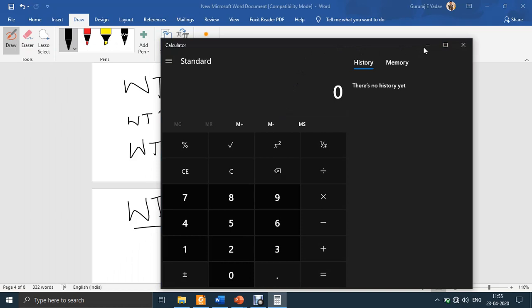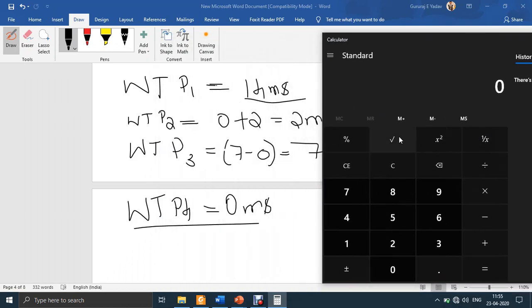The waiting time for P1 is 14 milliseconds, plus the waiting time for P2 is 2 milliseconds, plus the waiting time for P3 is 7 milliseconds, and the waiting time for P4 is 0 milliseconds.